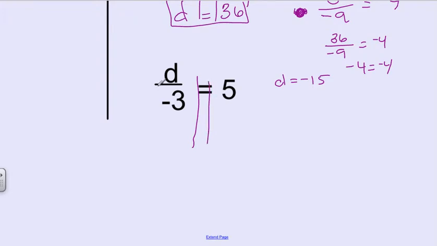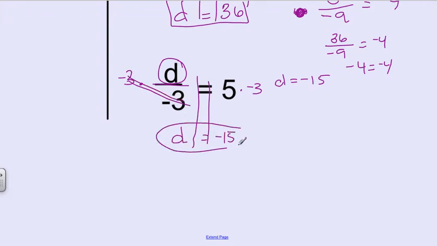Again, here's my balance beams. I want to solve for d. It's being divided by a negative 3, so the opposite is to multiply by a negative 3. D equals negative 15. If I was to come back and show my check, I would have d over negative 3 equals 5.